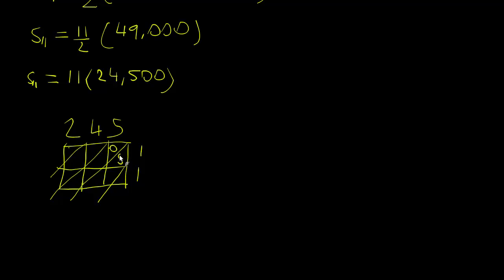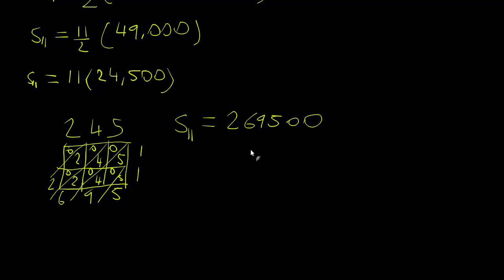So 5, 4, and 2, and obviously each one's going to be the same, and 2, and then just add them up. 5, 9, 6, and 2. So that gives us the sum of the 11 terms equal to 2, 6, 9, 5, and then two zeros: 269,500 is the sum of the first 11.